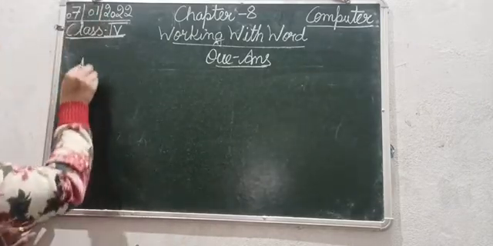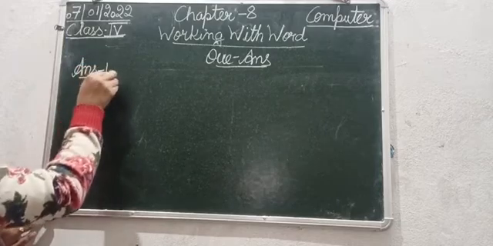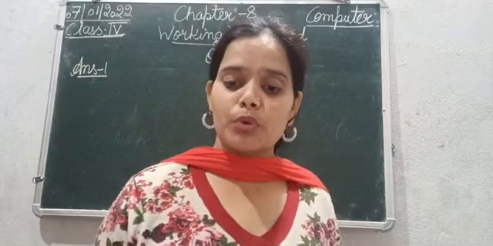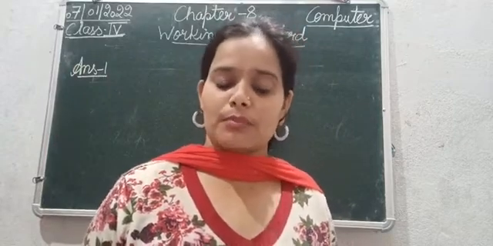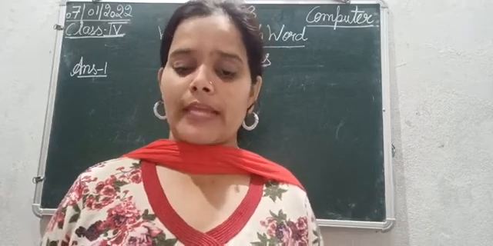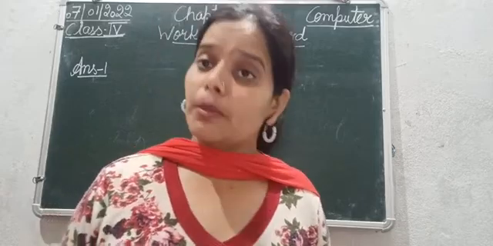Answer number 1. Okay, so why do we format the text? So that we can make the text more beautiful and more attractive. So formatting text is used to make the text more attractive and beautiful.